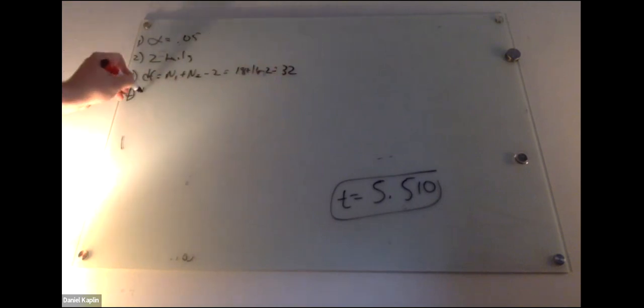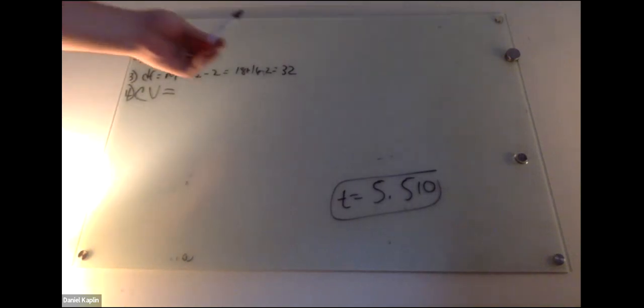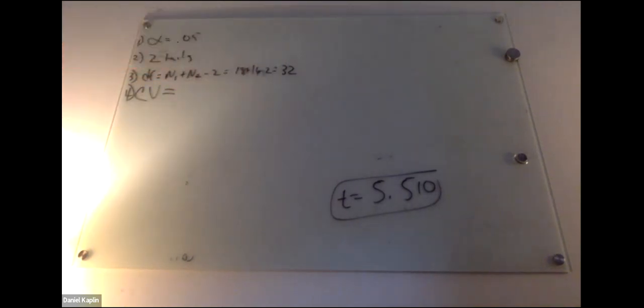Now we have to calculate our critical value. For calculating our critical value, we have to go to the back of the book. Now, here's a good example of something I said before, which was what happens if the degrees of freedom are not in the book. So 32 degrees of freedom and our critical value of t is not there.